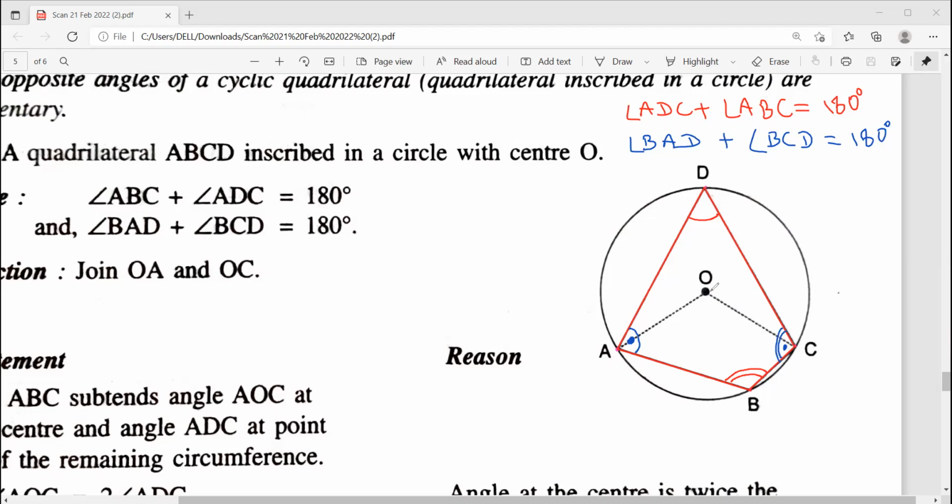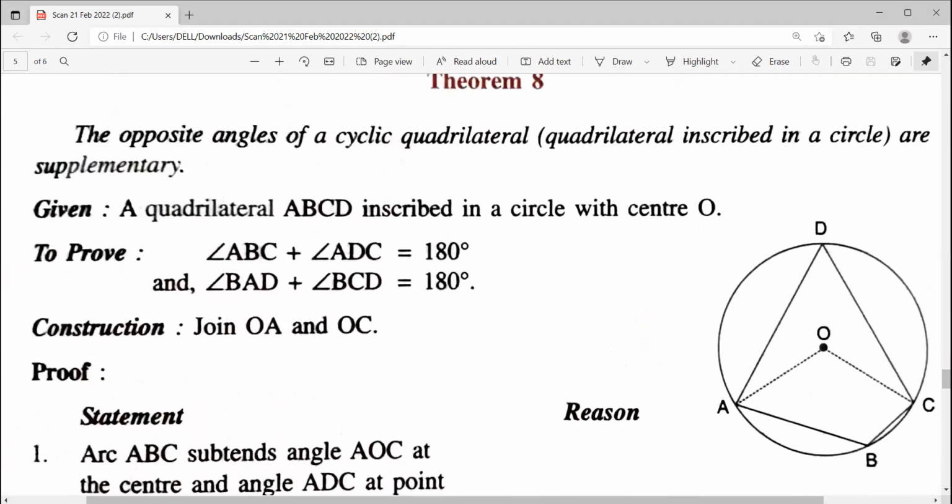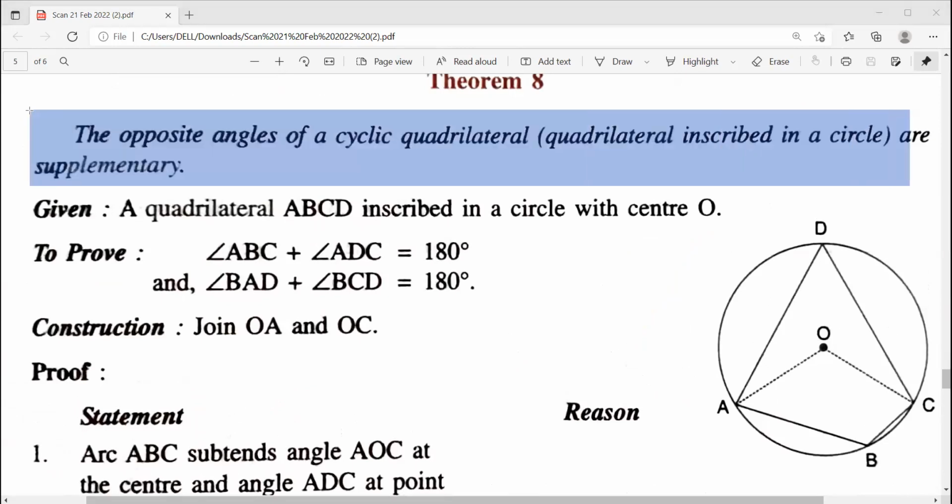So the opposite angles of a cyclic quadrilateral are supplementary. You will make a note of that statement, as I said. Please make a note of this statement.